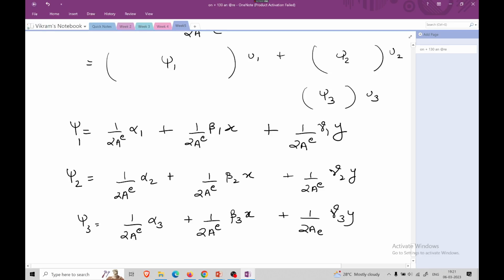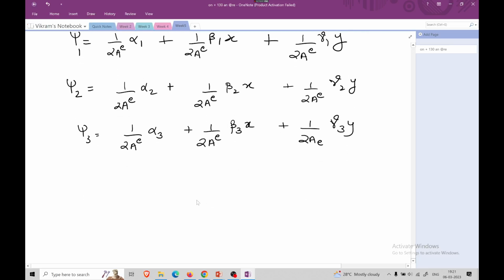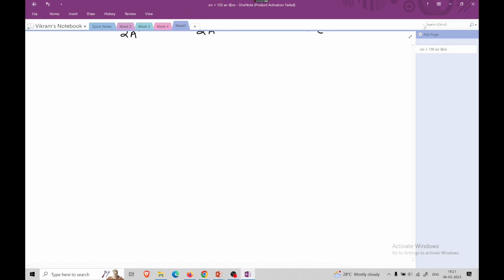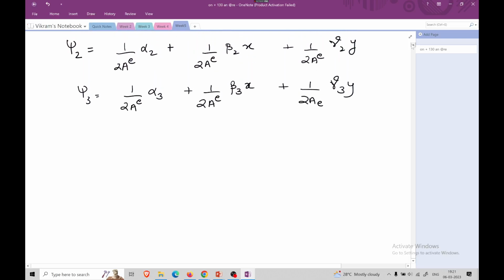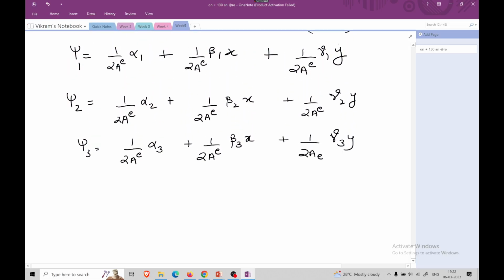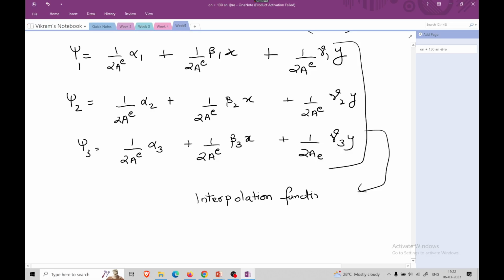So essentially, what is my psi in general? Psi 1, psi 2, psi 3, we have calculated the interpolation functions. So these are the interpolation functions. Now what we are going to do is go back and look at our x1, x2, x3.